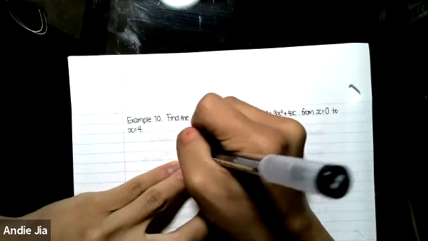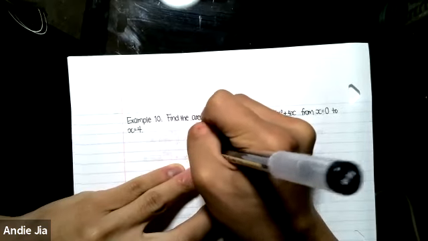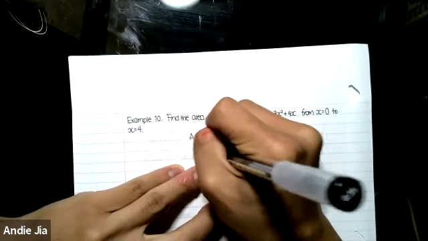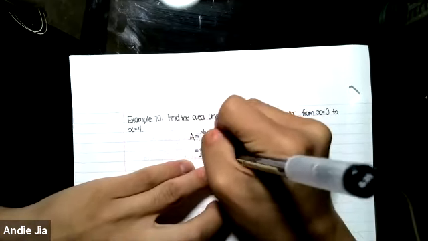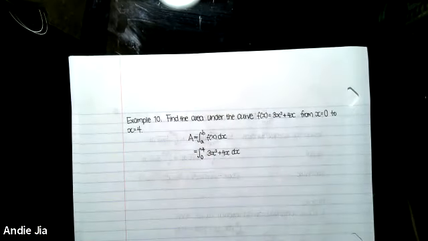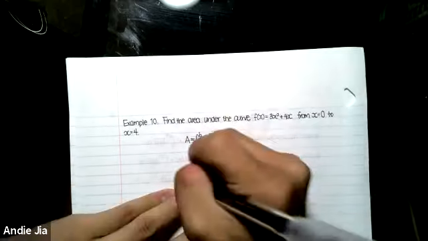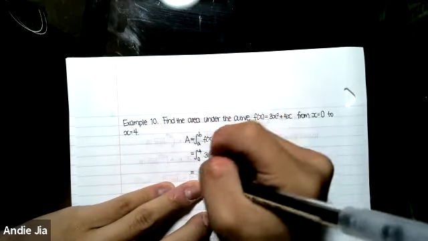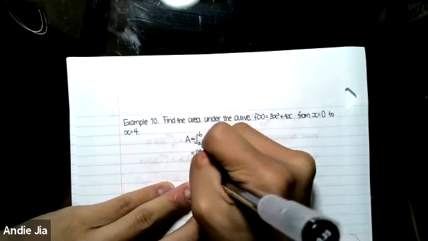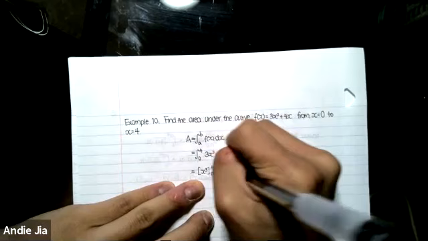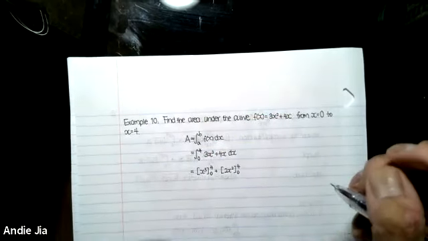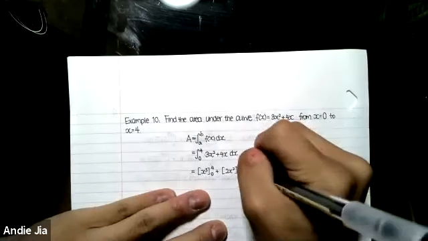Then we have the integral from 0 to 4 of 3x squared plus 4x dx. And then just evaluate the integral. We have x cubed from 0 to 4, plus 2x squared from 0 to 4, which is 96.